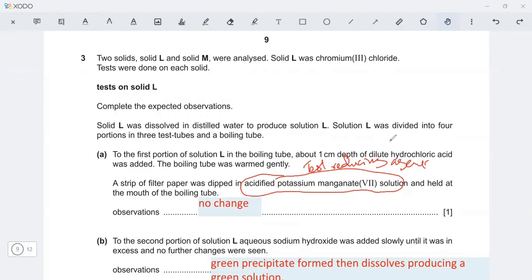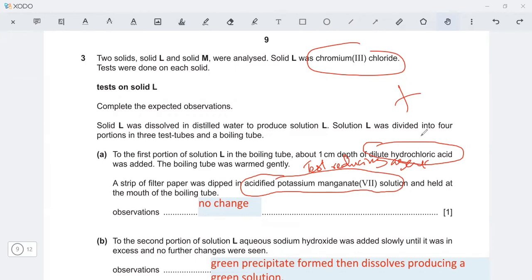So basically here we have dilute hydrochloric acid, and they're talking about the chromium chloride. When this chromium chloride reacts with dilute hydrochloric acid, basically what you get is chromium hydroxide, obviously.